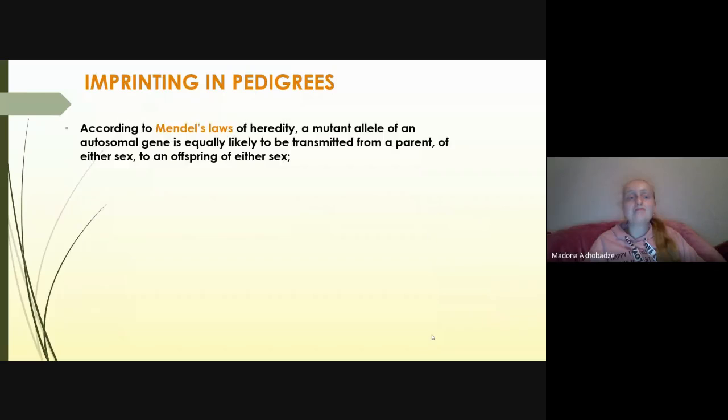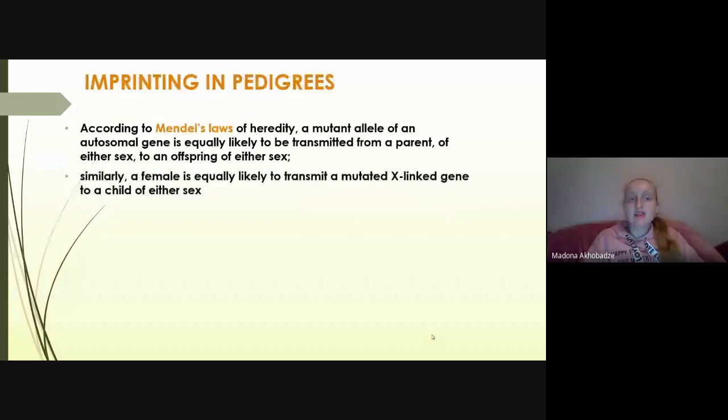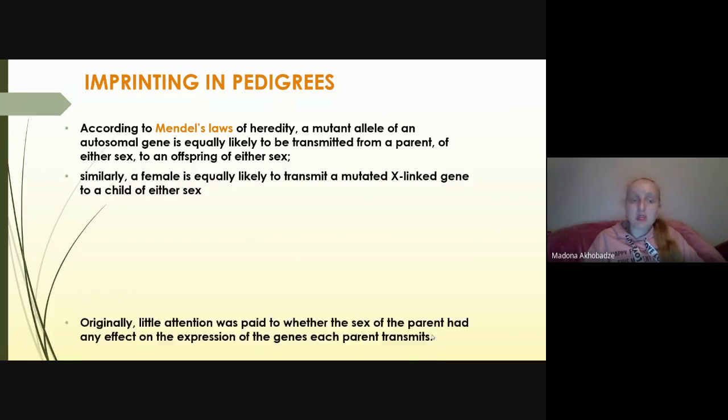According to Mendel's law of heredity, a mutant allele of an autosomal gene is equally likely to be transmitted to a child of either sex. Similarly, a female is equally likely to transmit a mutated X-linked gene to a child of both sexes.